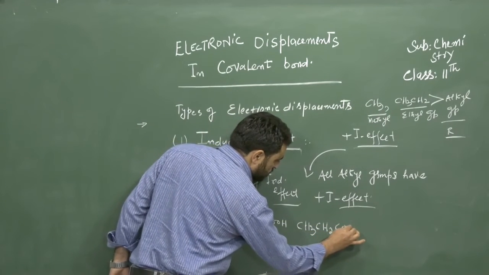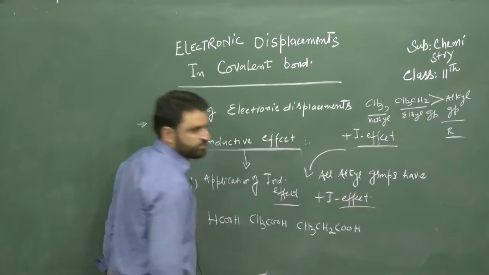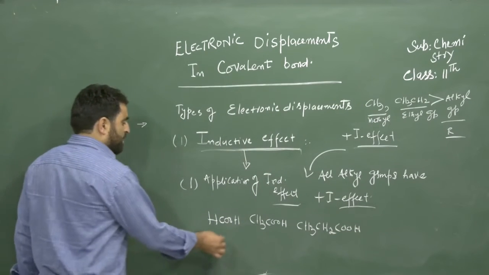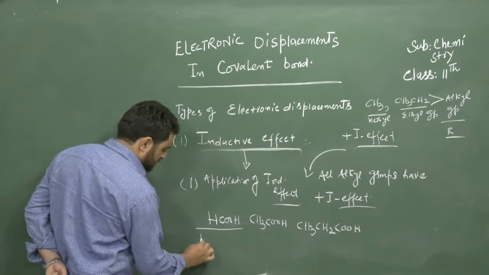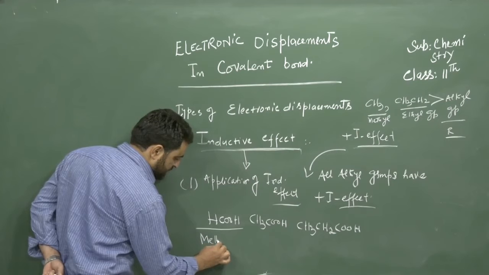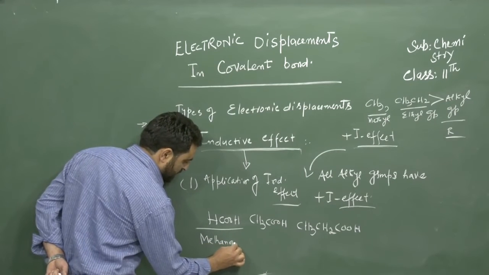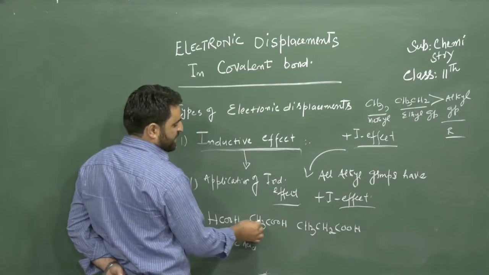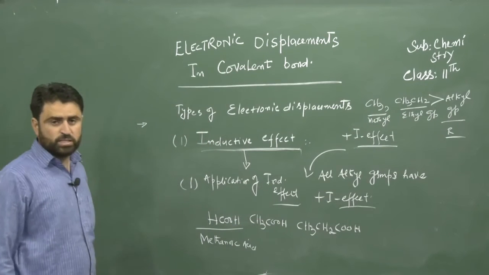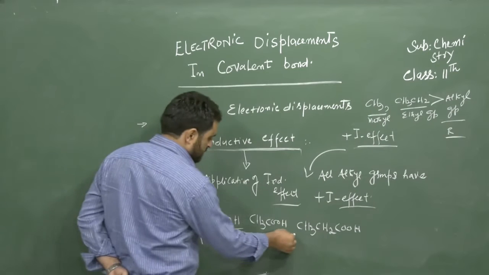For example, this carbon experiences more inductive effect, a stronger inductive effect. Why? Because it is directly attached with the chlorine atom.